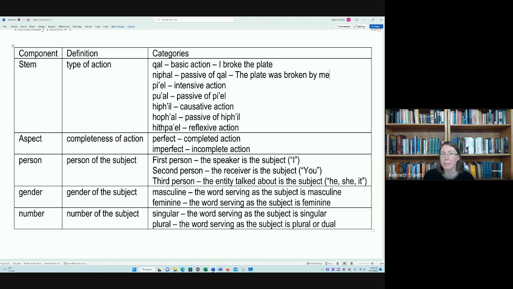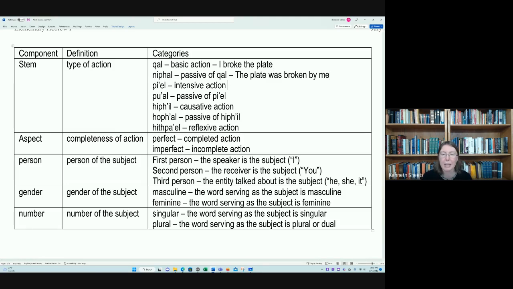I can also intensify an action in terms of degree. Thus, back to the clapping again. I can clap very gently, but then I can intensify that by doing it more loudly. And so thus that second would be more intense. So there are different ways in which an action can be intensified, and that idea is captured in the piel.